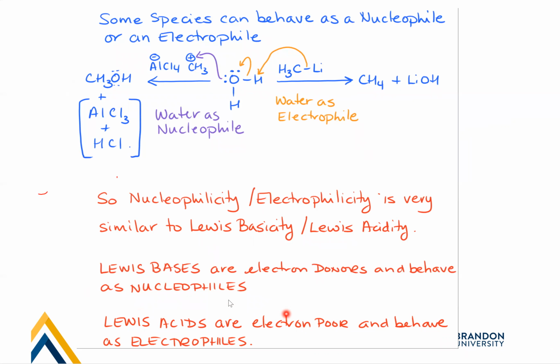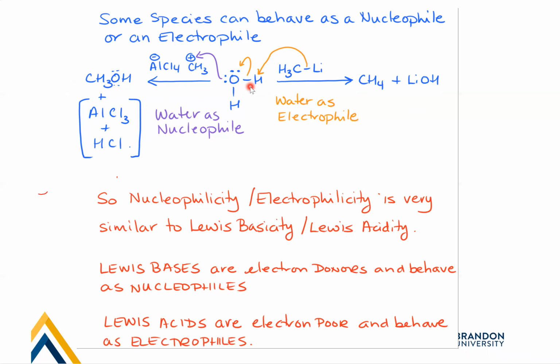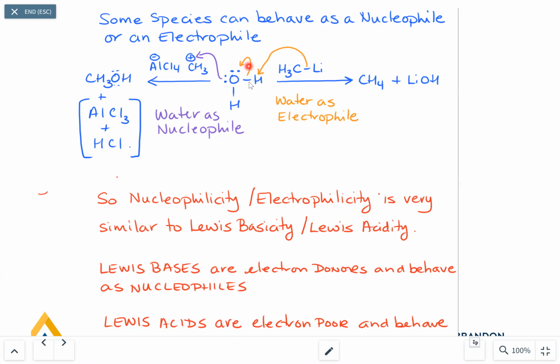And just like with Lewis acids and bases, some species can be either electrophiles or nucleophiles, depending upon what they're reacted with. Water was the perfect example of a species that could be a Lewis acid or a Lewis base. It's a Lewis acid because it's got a polar bond to H. It's a Lewis base because it's got lone pairs it can donate.